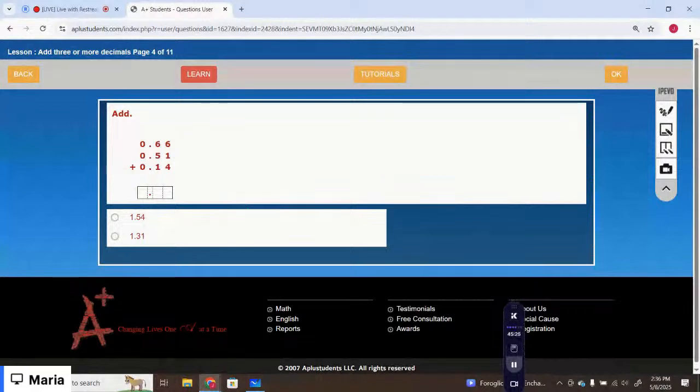So which is the correct option? That is 1.31. Option number 2 is the correct option.